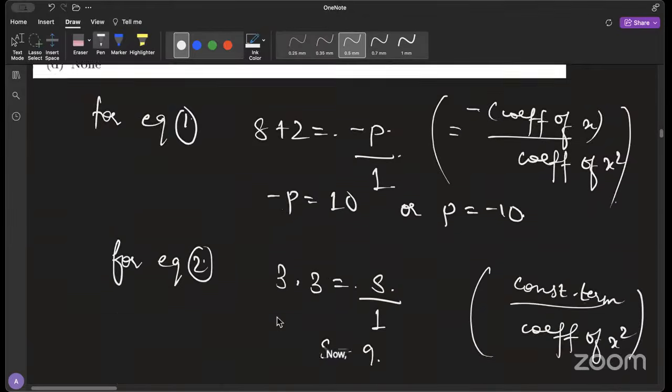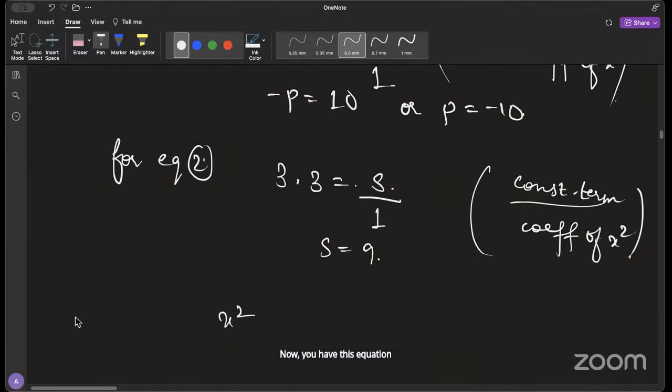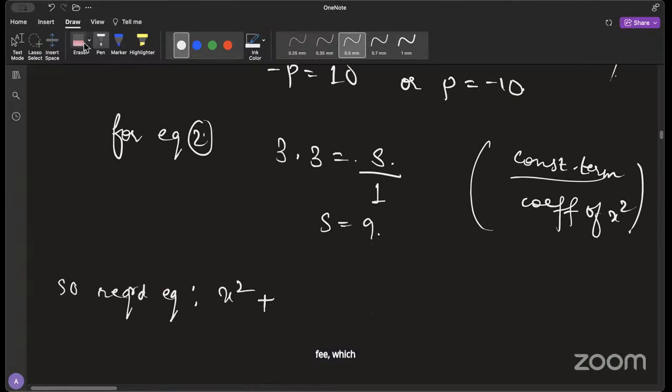Now you have this equation. So the required equation is x square plus p x plus s, where p is minus 10 and s is 9. So it should be x square minus 10x plus 9, right?